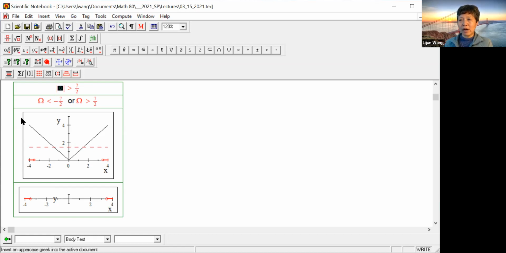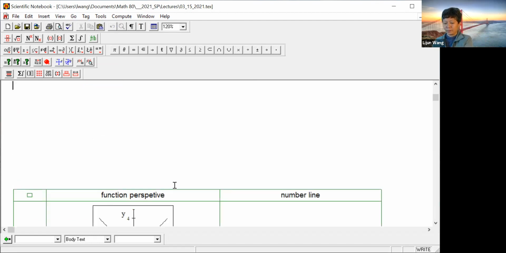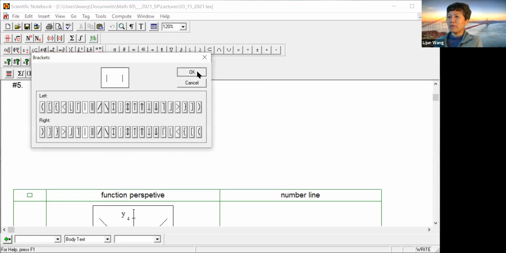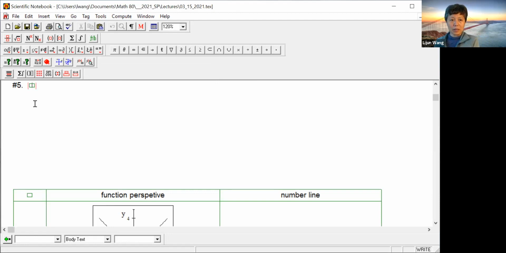But I also have other reasons to put this omega here instead of X, because look at your following example. Number 5. We're solving this inequality. We have it, it's called x minus 4 less than or equal to 3.